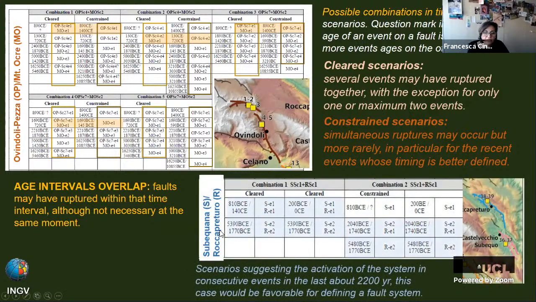A more favorable case is the Subequana Rocco-Perturo fault system, and scenarios suggest the activation of the system in consecutive events in the last about 2,200 years, and so it would be favorable for defining a fault system.